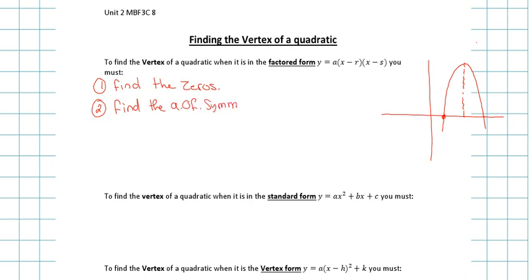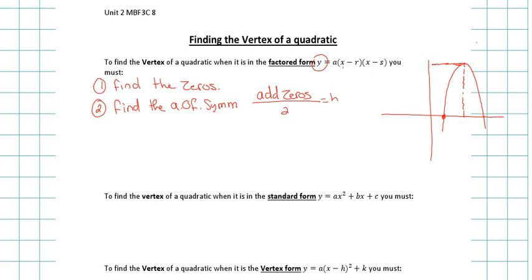By adding the two zeros and dividing it by 2. Okay? So you add the zeros, divide by 2, because that's how you find the middle. So when you do that, you found the x value of your vertex. Okay? So I found the x value of the vertex. To find the y value, all I have to do is plug in the value of the axis of symmetry in for x, solve for y.